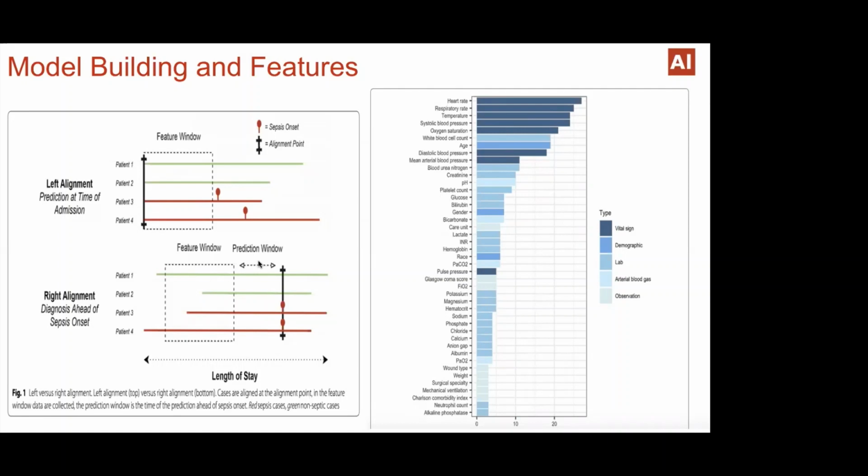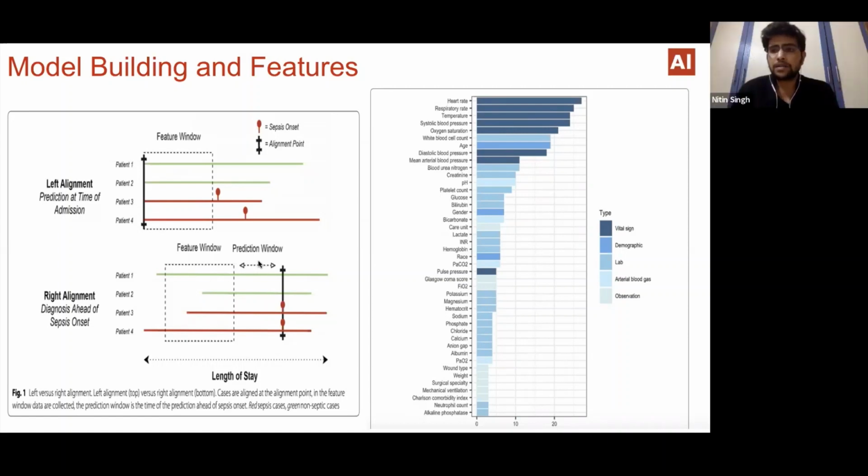Why would we go with the second model when we want the disease to be identified quite early? If it is better to do it in a periodic manner, why do it the second way? That is basically to reduce false positives, because if you do it in a very periodic way, there might be a lot of false positives.